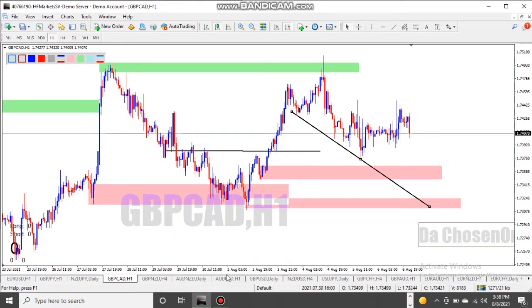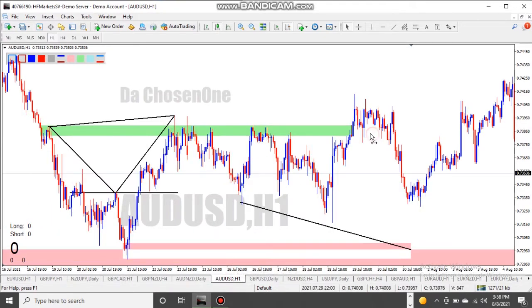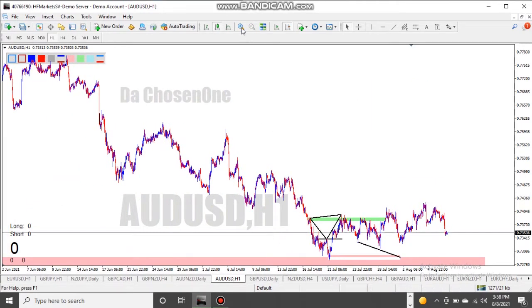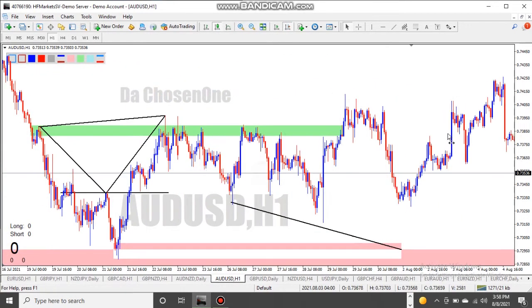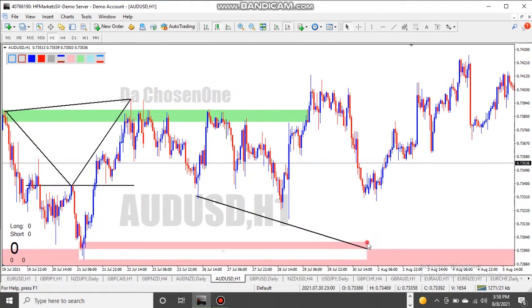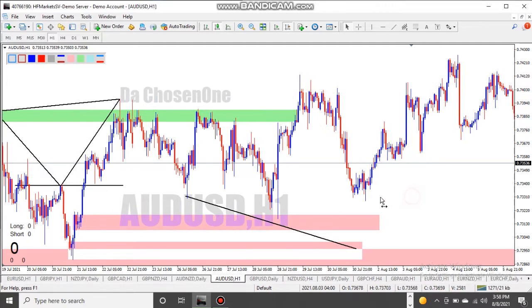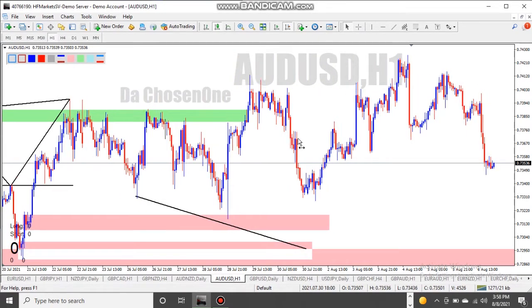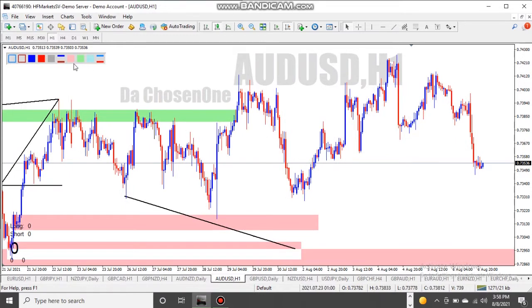Another pair we can check out is Aud Usd. With Aud Usd, what I saw is, okay, we were waiting for price here. Okay, price reversed from this area, as you can see, and pushed up, and also it reversed from this area over here.